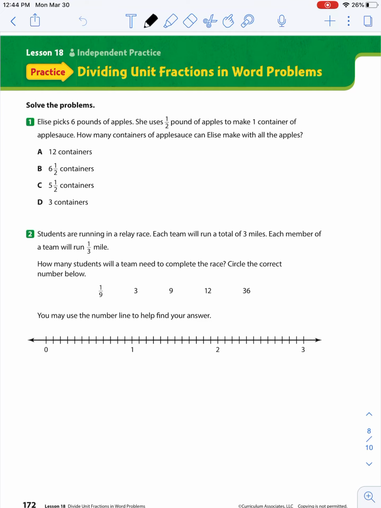If you've already done this, great. If you're doing this on Edpuzzle, even better. If you're not able to pull up Edpuzzle and maybe you weren't successful, just follow along. Okay? Elise picks 6 pounds of apples.